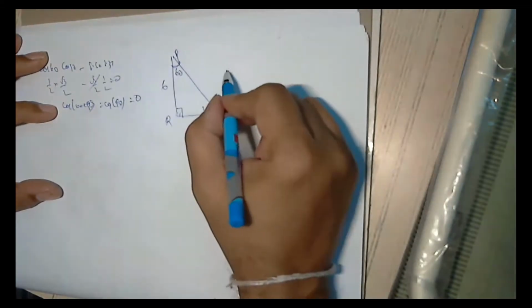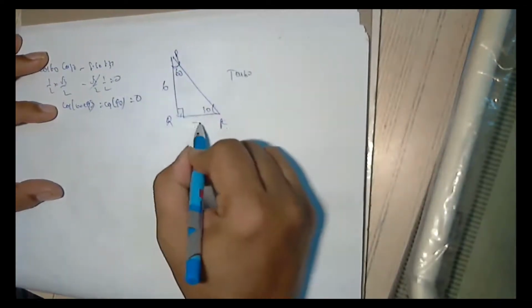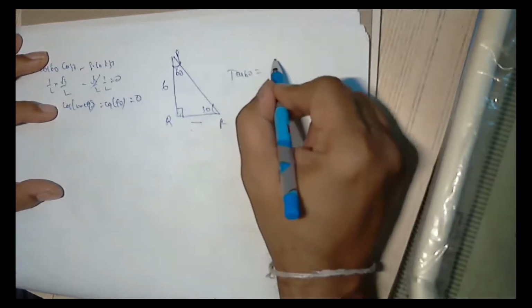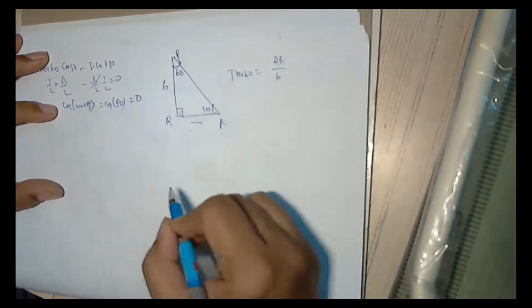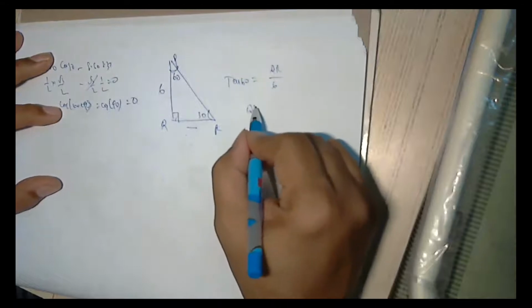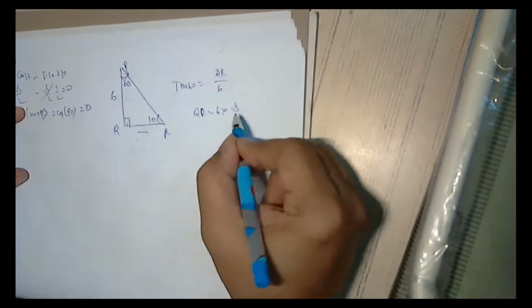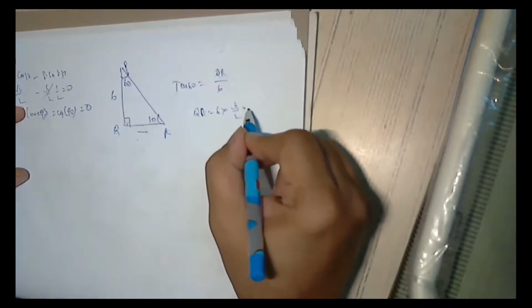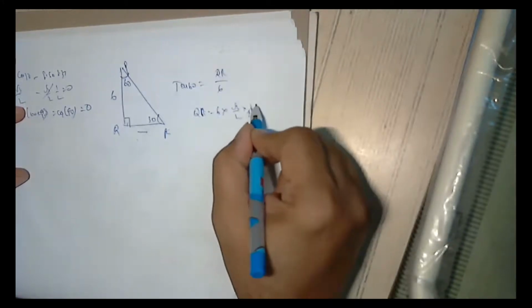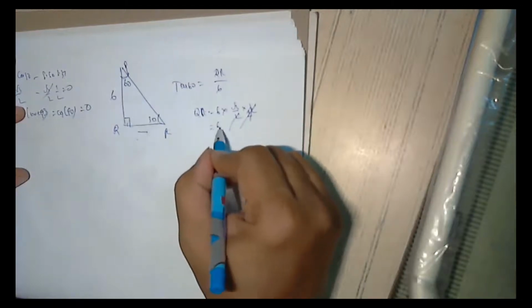So what is tan 60? It is opposite by 6, so QR by 6. So QR is equal to 6 into tan 60. What is tan 60? Sin 60 by cos 60. So 6 root 3. So this value is 6 root 3.